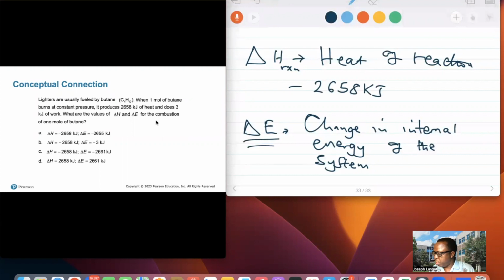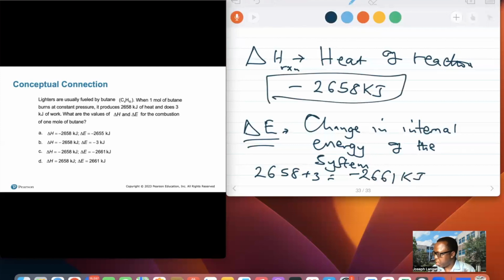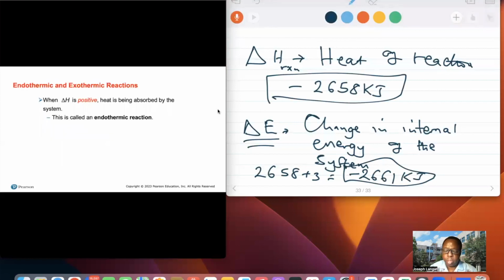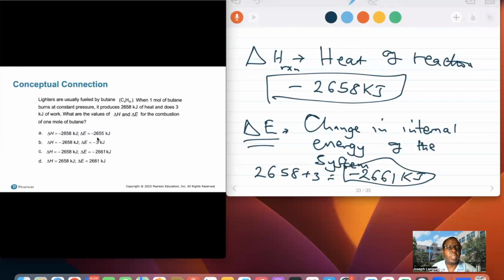So it's going to be negative 2658 plus 3, which is negative 266 kilojoules. So if you look at this and this right here, this is what the question is asking for. This is just the heat of reaction, which is right here. Negative because produces, that means it releases.